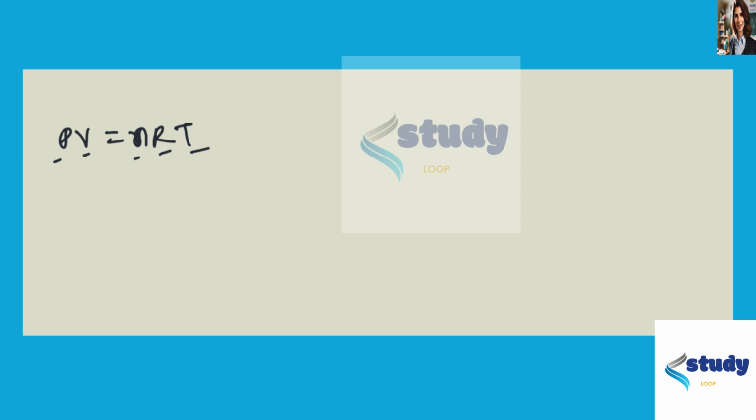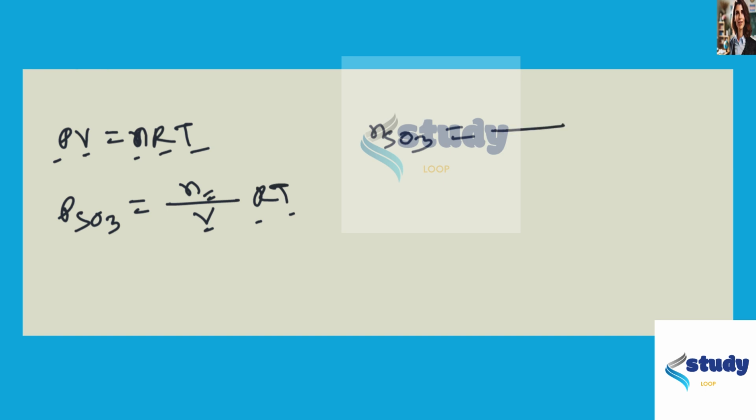If we write this for the initial pressure of sulfur trioxide, we can write it as n over V times RT. We know the value of R, T, and V; we need the value of n. We are given the mass of sulfur trioxide, so we can find the number of moles, which will be the mass of sulfur trioxide over its molar mass.